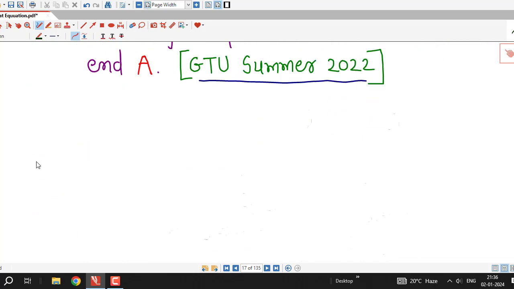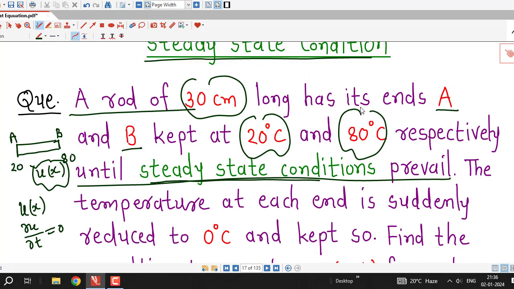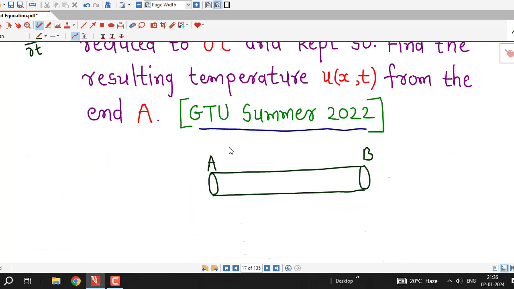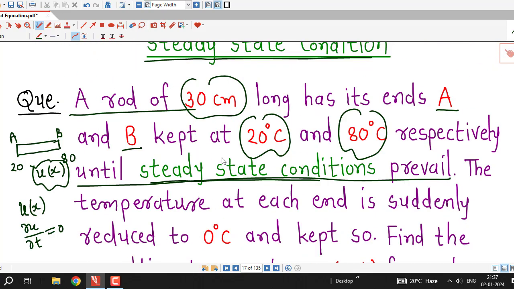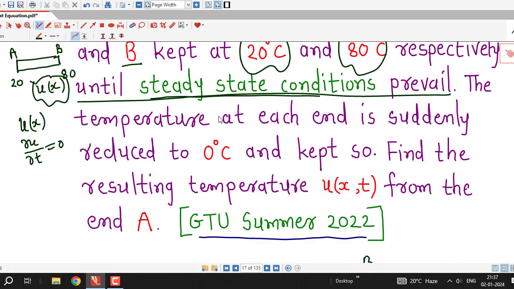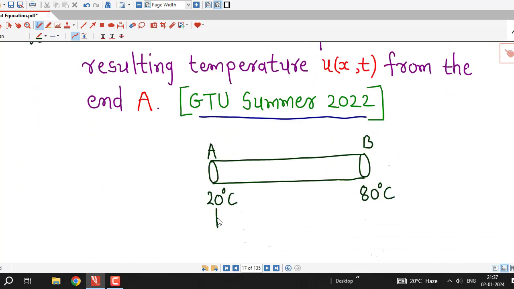So first we have to decide what the solution of the system is in the steady state situation. So first we consider this steady state situation of the system, and they have given that the value of temperature during this steady state is 20 degrees Celsius at the first endpoint and 80 degrees Celsius at the second endpoint until steady state conditions prevail, and the length of the metal bar is given as 30 centimeter.